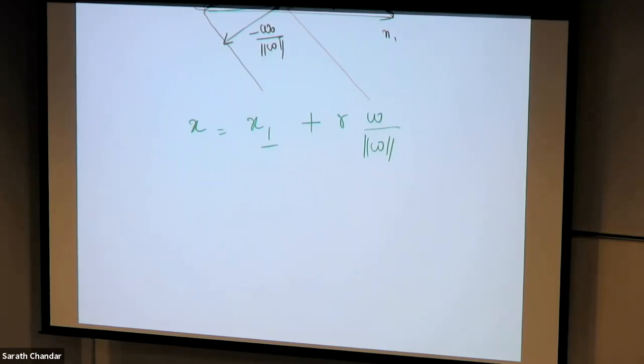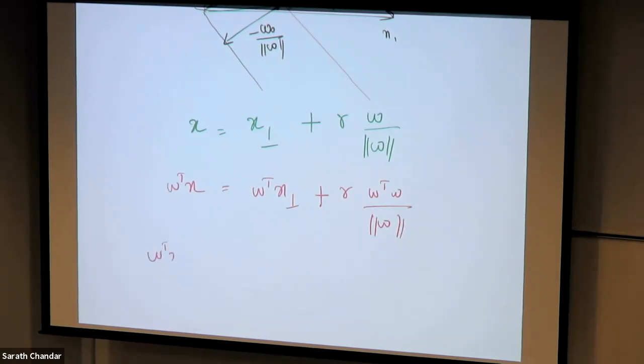To do that, it's a very simple algebra here. I'm going to multiply all these terms by W transpose. So this becomes W transpose X is equal to W transpose X perpendicular plus r times W transpose W by norm of W. Okay, I'm going to add W0 on both sides.